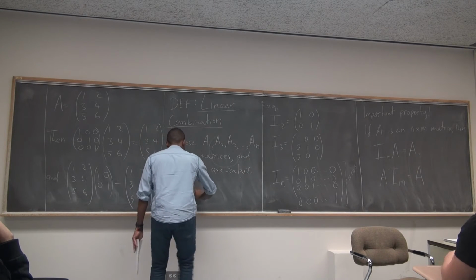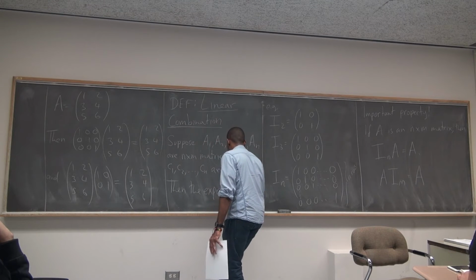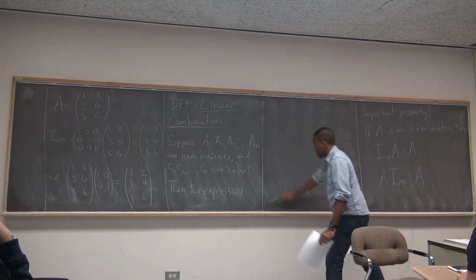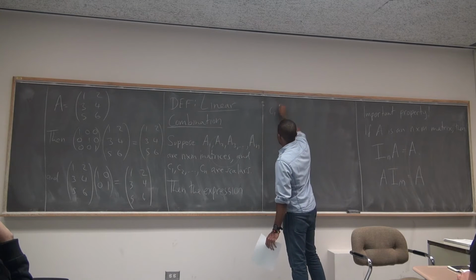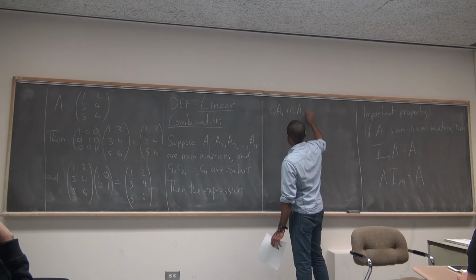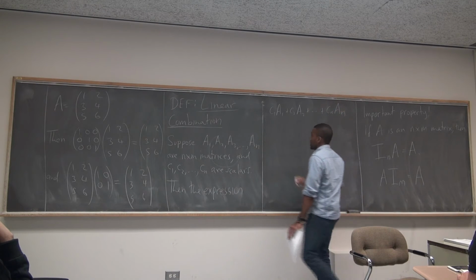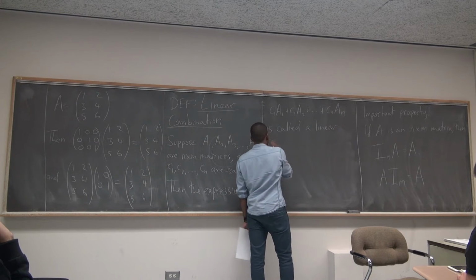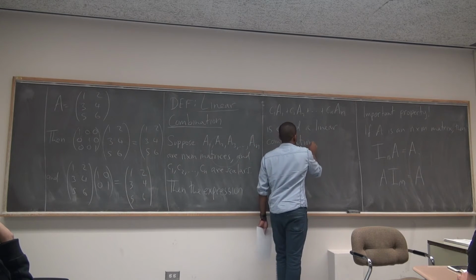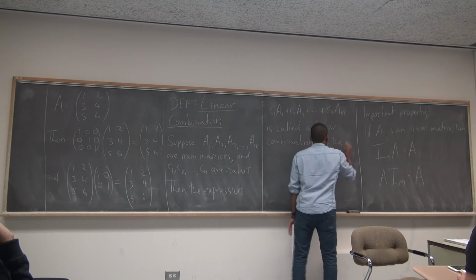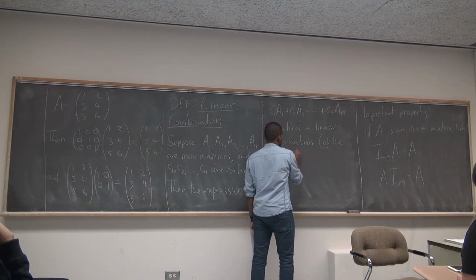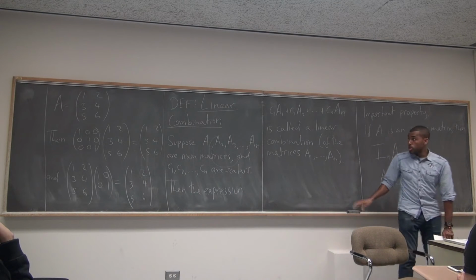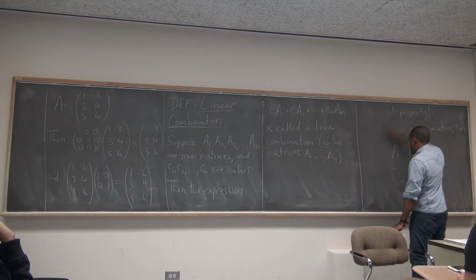Then the expression C1 times A1 plus C2 times A2 plus all the way up to Cn times An is called a linear combination. So that's called a linear combination. You add them all up, multiply each guy by a scalar, we create what's called a linear combination.